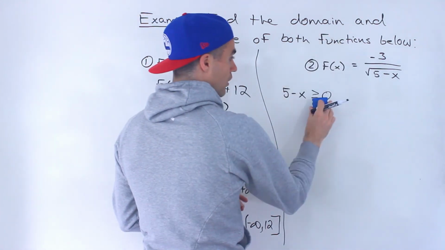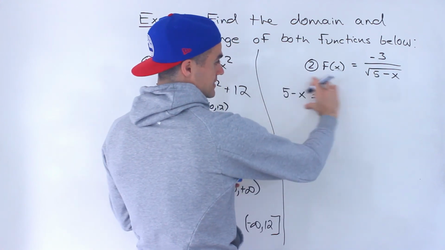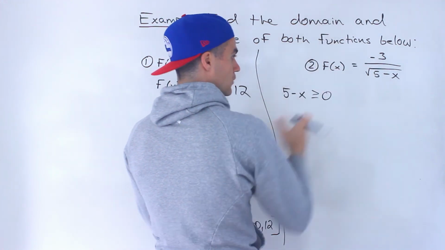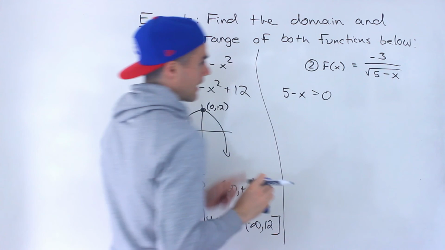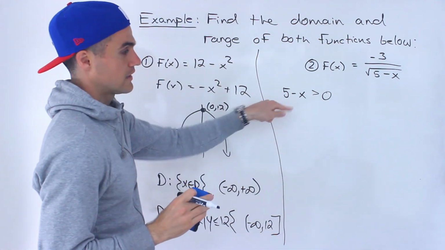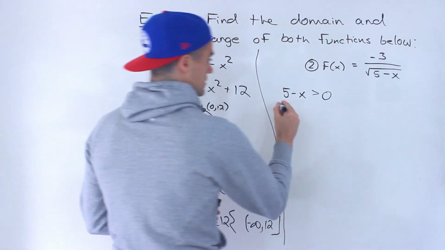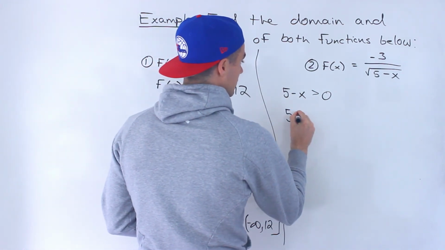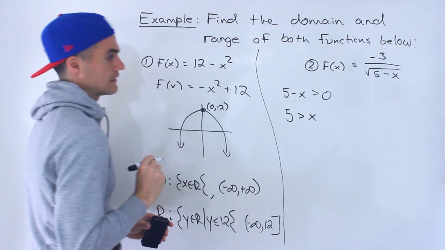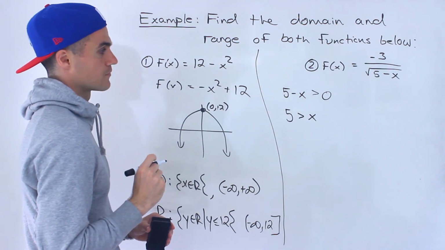So this here is just for the square root, but for the overall function, 5 minus x actually has to be greater than 0. It can't equal 0, because it would make the function undefined. And so x has to be less than 5.